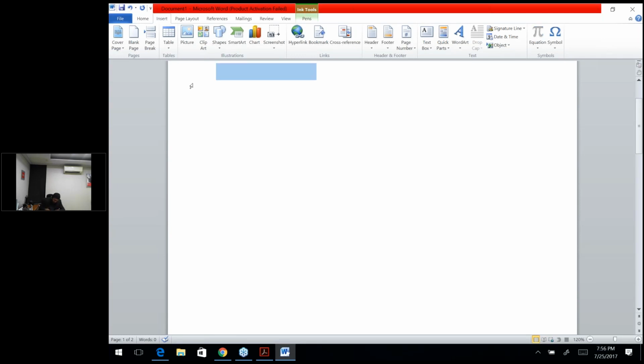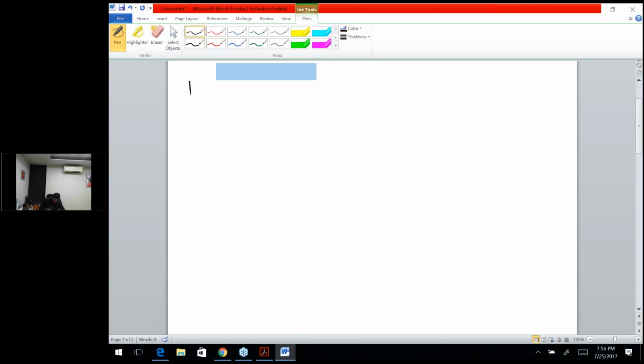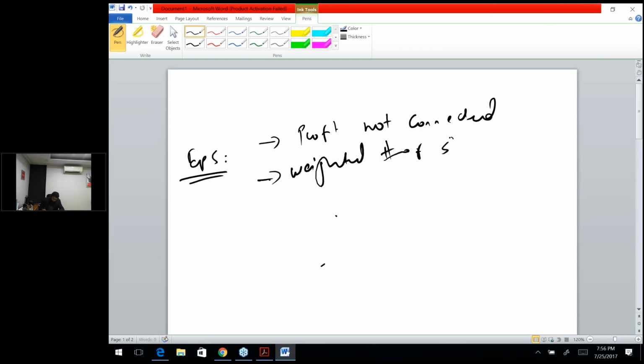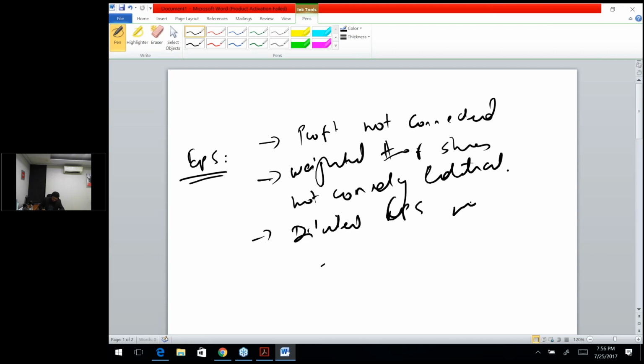So when we talk about the EPS, one of the things is that profit is not corrected, because over here we could see that he has used the incorrect profit. Then the weighted average number of shares not correctly calculated, diluted EPS not disclosed.